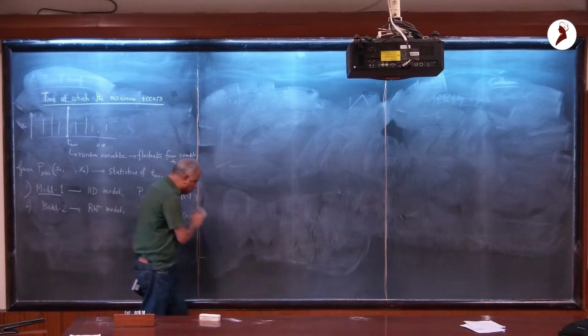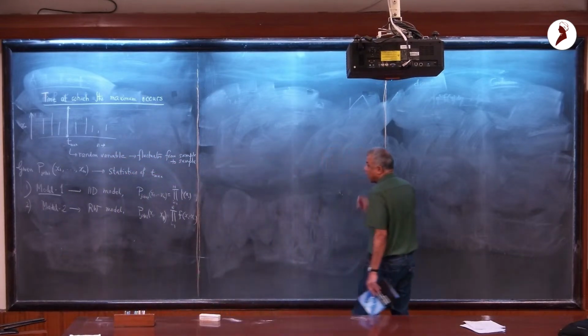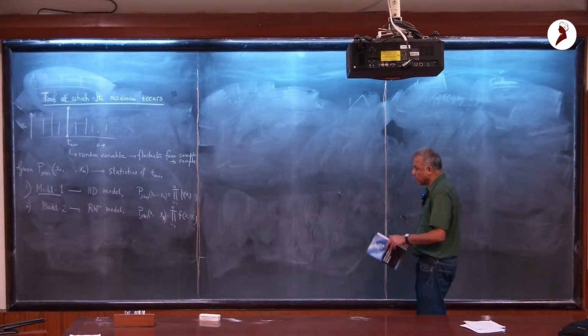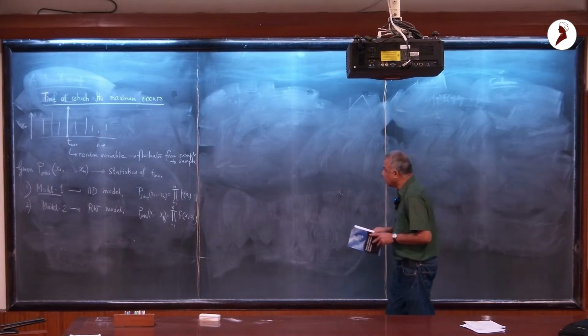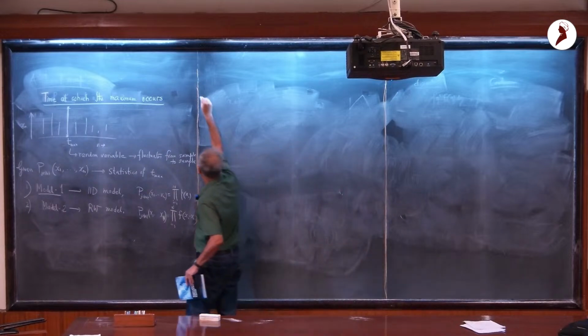These are the two examples I'll work out, and we want to know the distribution of the T max. So model one first, IID.